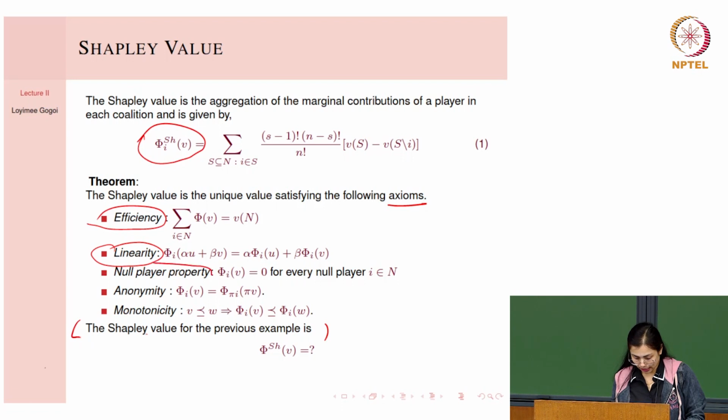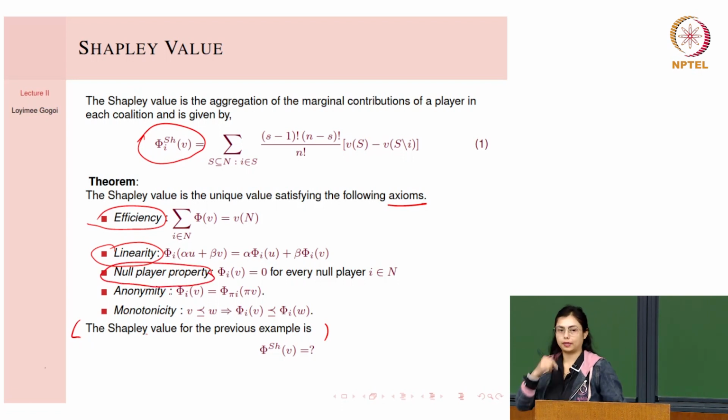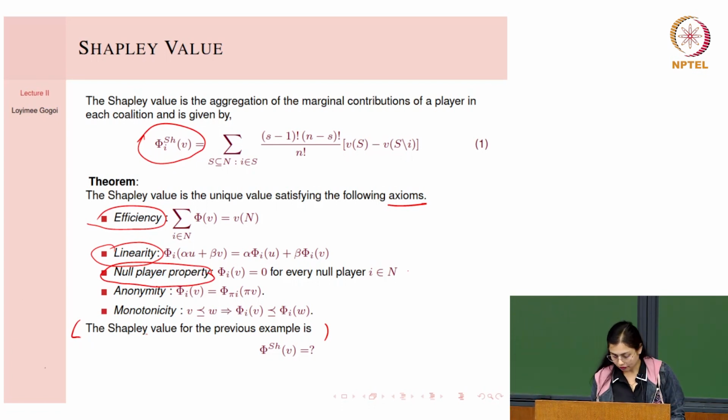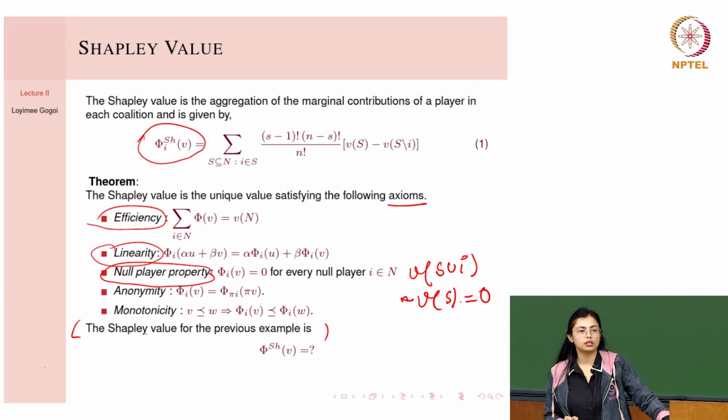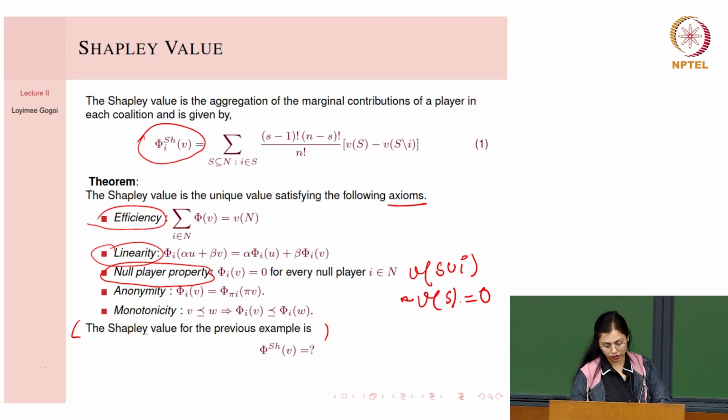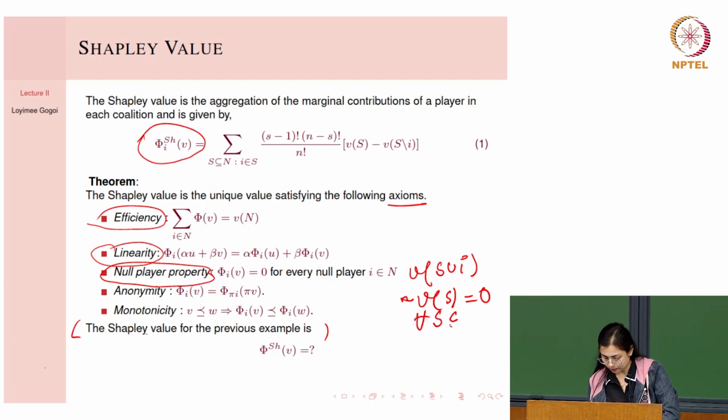Now the next is an important property, called the null player property. So what is the null player property? Suppose a player is contributing nothing in the game, right? His contribution is totally zero for all coalitions, then the Shapley value gives him zero allocation.